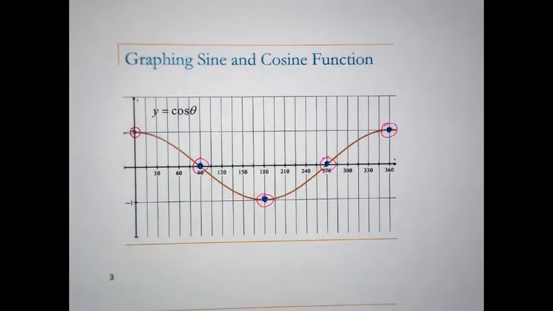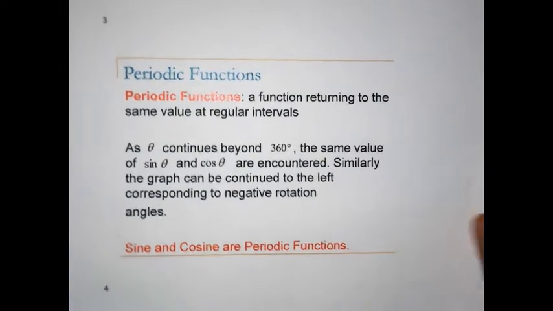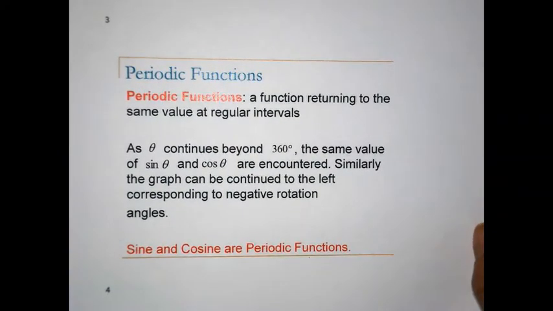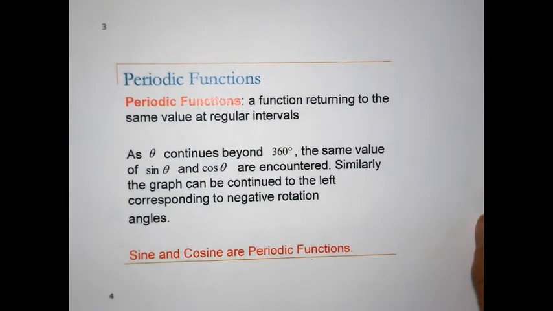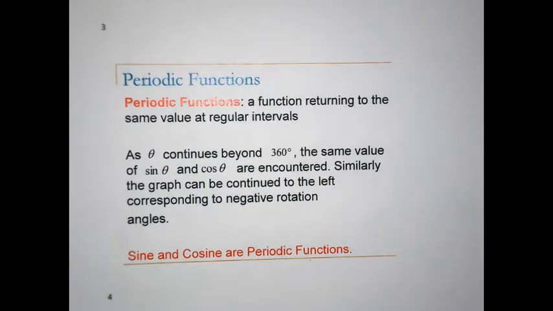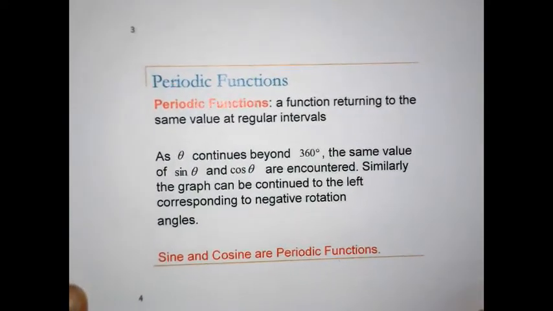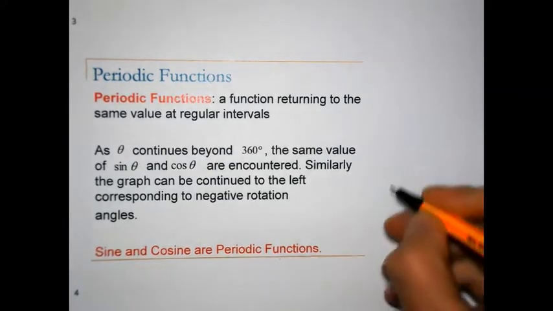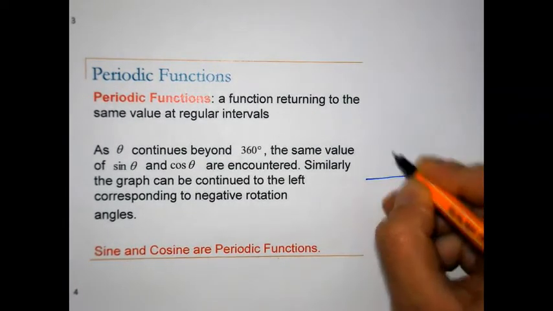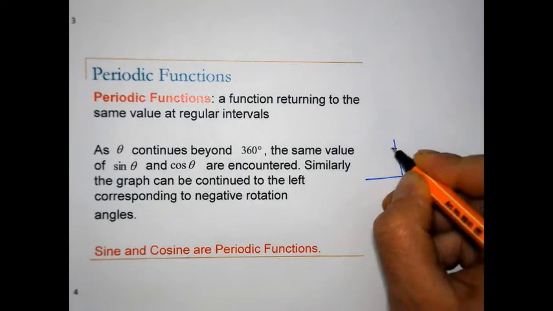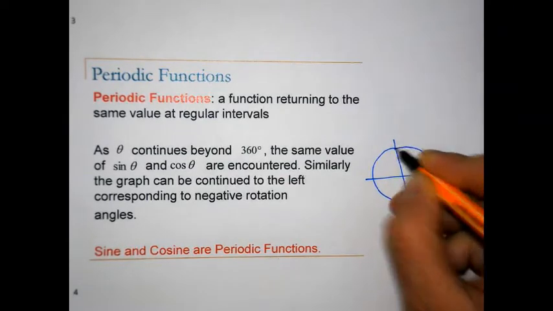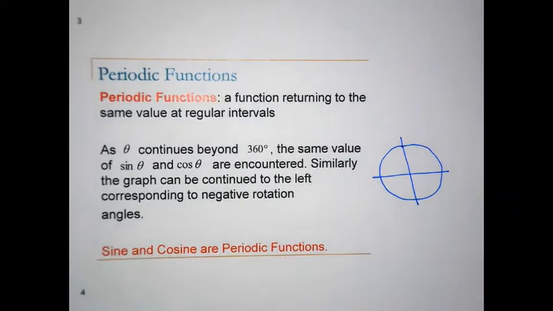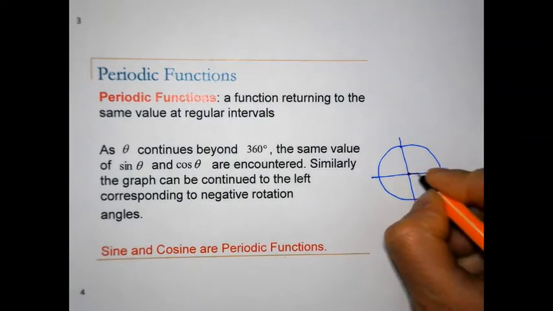Now we are going to talk about some of the features of sine and cosine functions. As you remember, the way that the sine and cosine functions were created was that we had what we call the unit circle, and we started traveling around this circle.